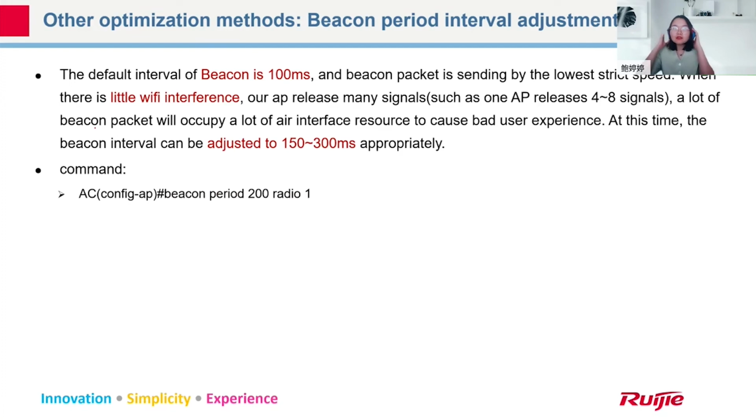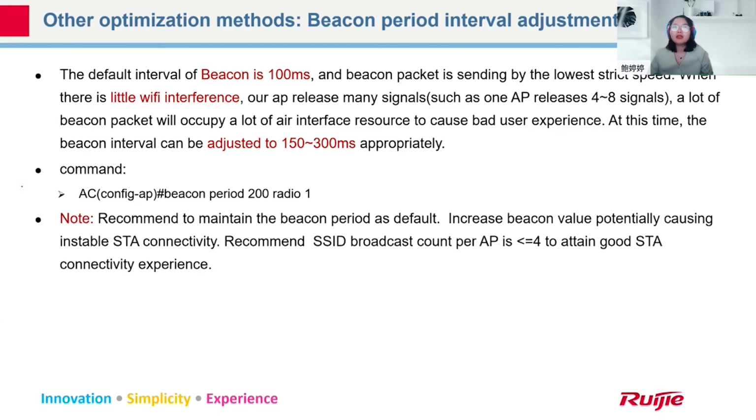You can enter the AP configuration and change the beacon period to 20 on radio 1. And pay attention, if you make the beacon time longer, it will make the terminal connectivity unstable because the terminal has to wait in a passive way.